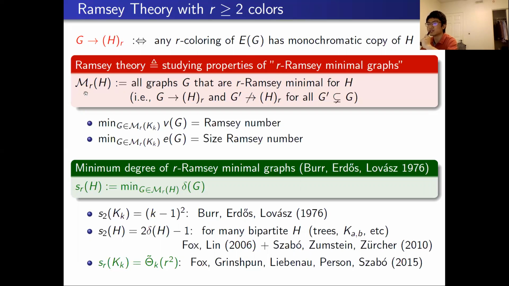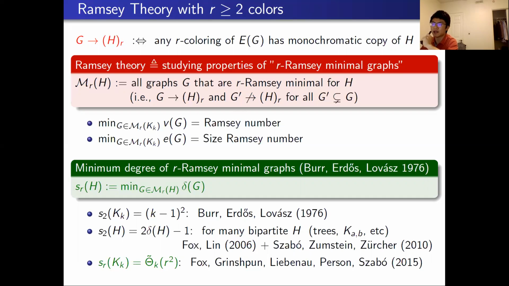We denote by M_r(H) the collection of all graphs G that are r-Ramsey minimal for H, where r-Ramsey minimal for H means G itself is r-Ramsey for H, but any proper subgraph of G does not arrow H. So M_r(H) is the collection of all the r-Ramsey minimal graphs for H.